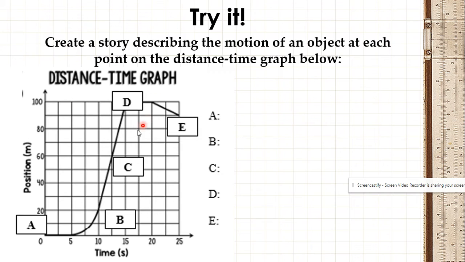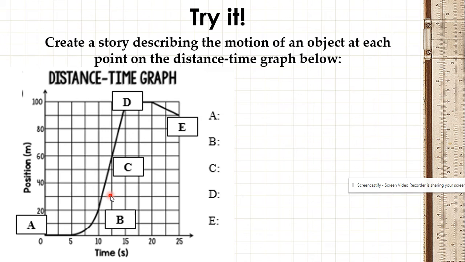So you can pretend that this is a toy car and you're describing the motion of the toy car at each point. So, for example, at A, the line is straight across. So you could say a car stopped for 5 seconds at a red light, and then B, the line is curved.